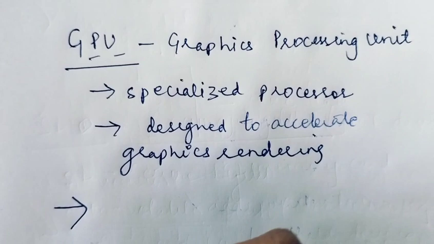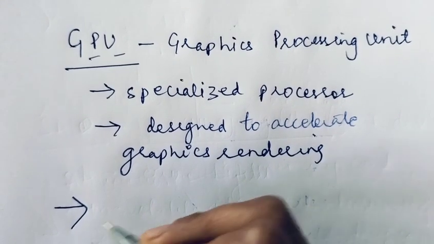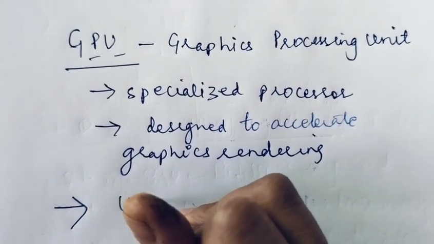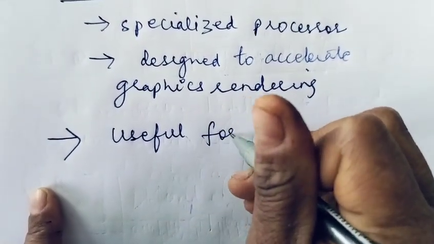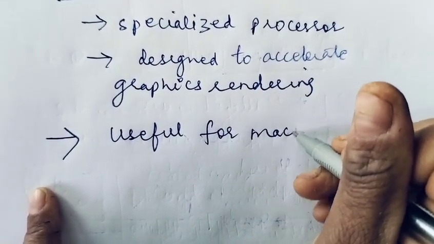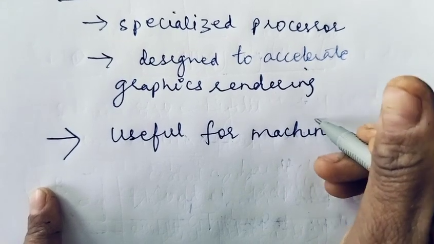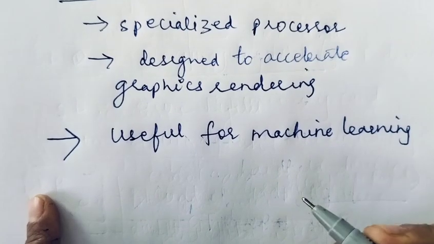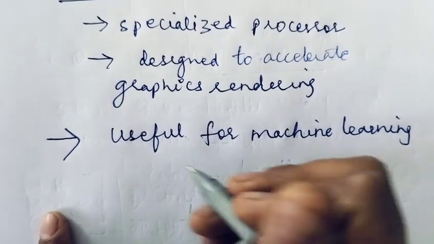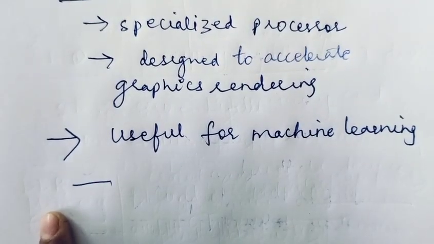What is it useful for? In which cases is the GPU used? It is useful for machine learning. Whenever you are doing machine learning, GPU is very useful. Then it is useful for video editing.